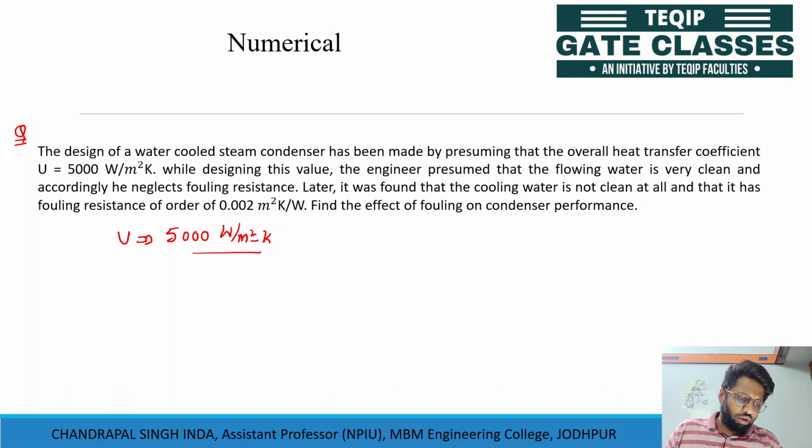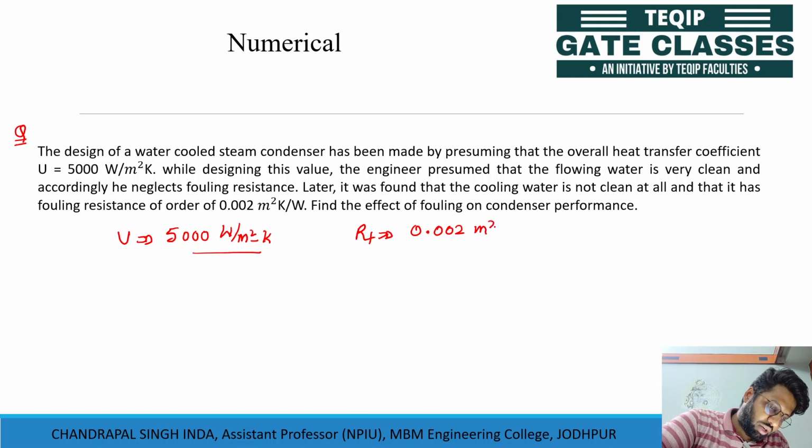Later it was found that the cooling water is not clean, and that it has a fouling resistance R_f equal to 0.0002 meter square Kelvin per watt. Find the effect of the fouling on the condenser performance.